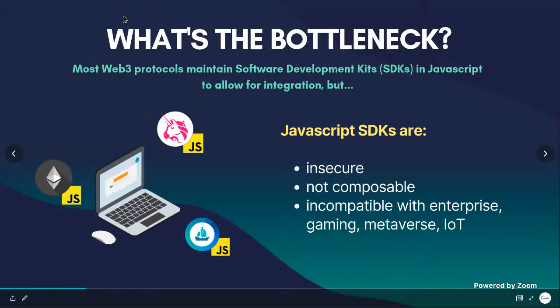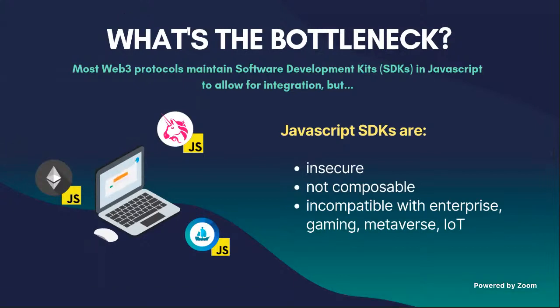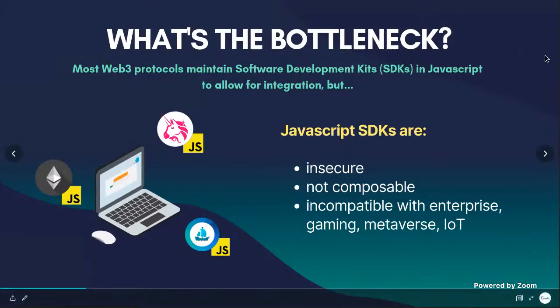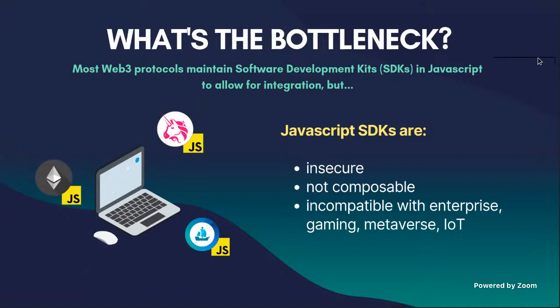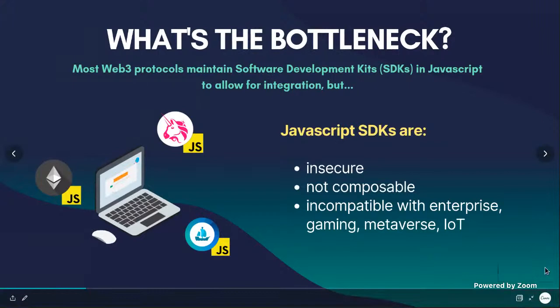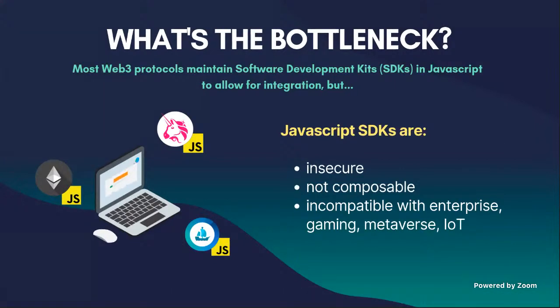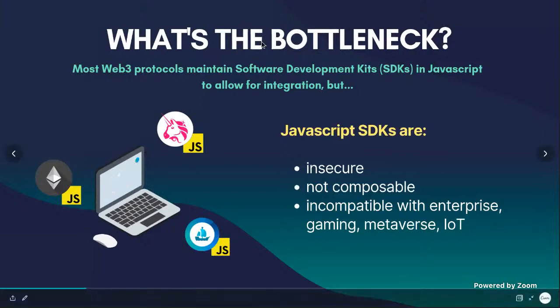So what's the bottleneck with Web3 development today? Most Web3 protocols maintain software development kits, or SDKs, in JavaScript, and it allows for integration. But the issue with JavaScript SDKs is that, one, they're not secure, and they're not very composable. Say you want to integrate Uniswap and OpenSea and other protocol SDKs, they're all built in different ways, and it's hard to compose them.